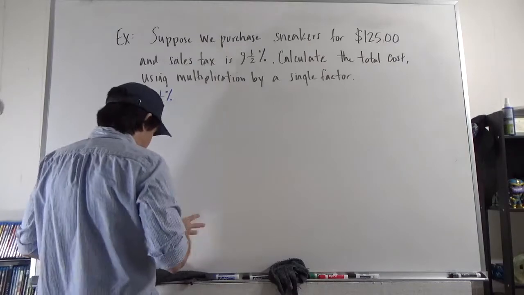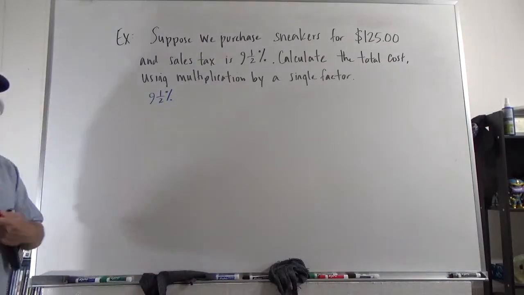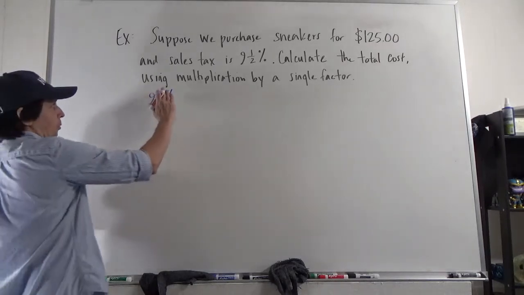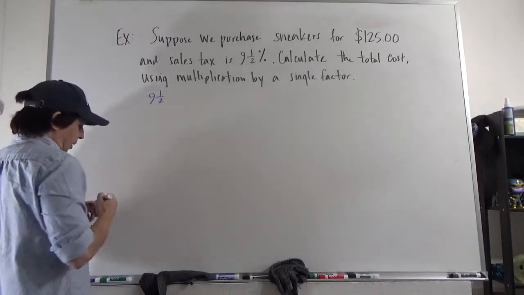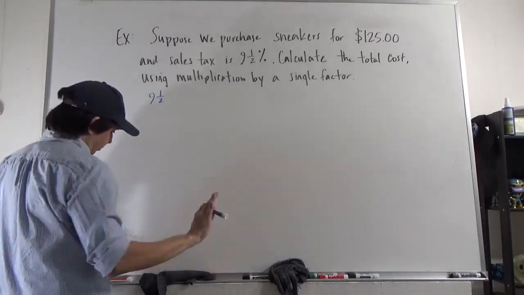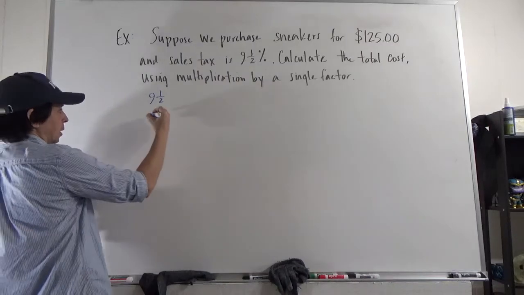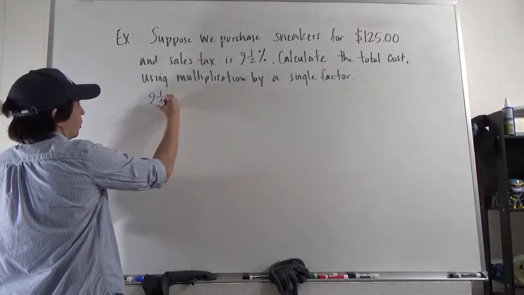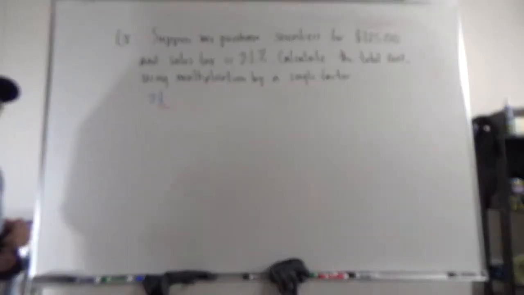Now, anytime it's a mixed number, you want to rewrite the mixed number as a decimal, not converting the percent to decimal yet. That's a separate thing. So imagine we're just doing 9.5, and I want a decimal form of 9.5. Not worrying about it being a percent. I'm going to pretend it's not a percent yet. Okay, if you don't know the decimal form of that fraction, 1/2 is 0.5.